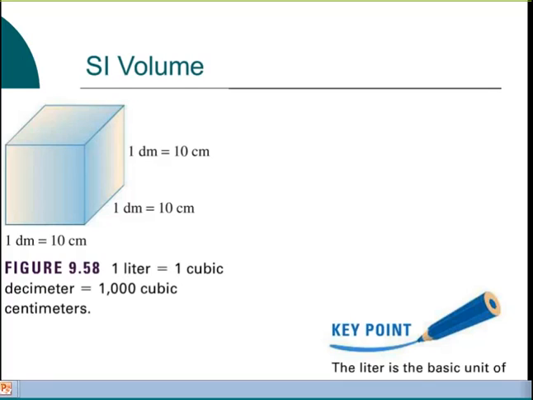We don't really know what that means compared to ounces, but 1 liter is 1 cubic decimeter, and they say that that's 1,000 cubic centimeters. So these are equivalent measurements here. A decimeter is exactly 10 centimeters. And so if we measure that and multiply that out, we get 1 liter.